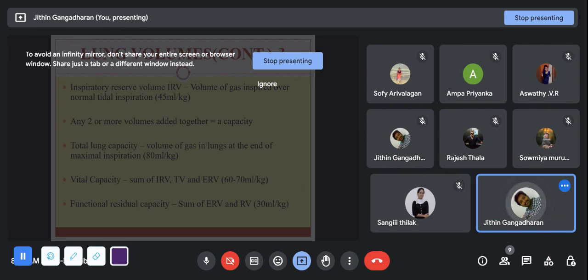Here you can see that any two or more volumes added together give you a capacity. What is total lung capacity? Total lung capacity is the volume of air in the lungs at the end of maximum inspiration.